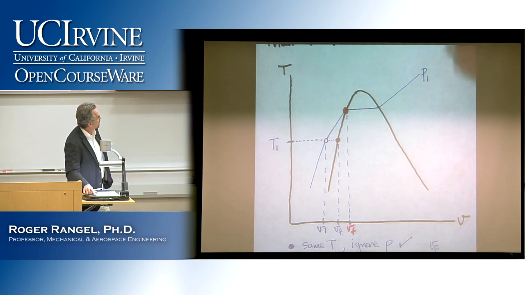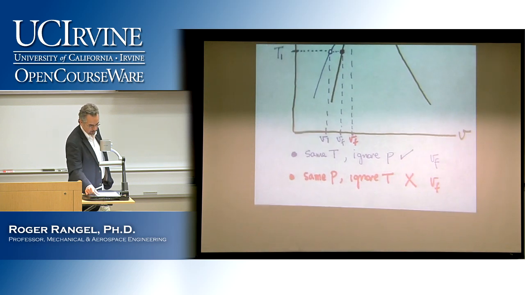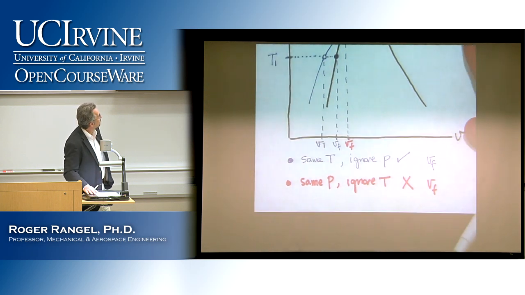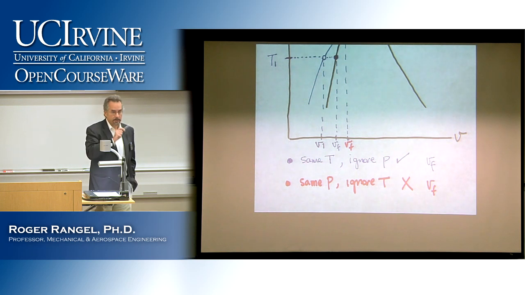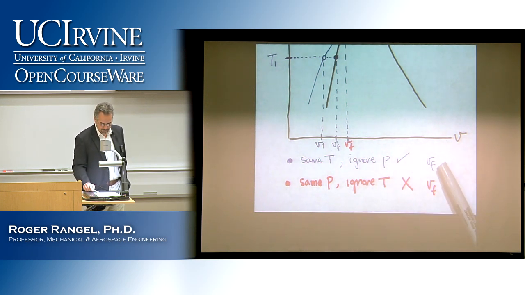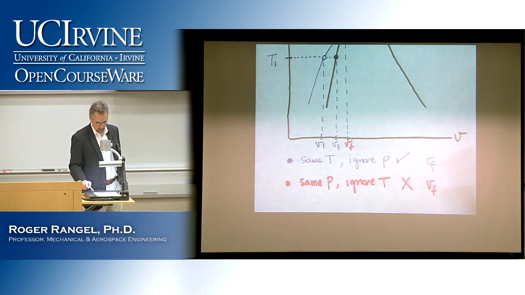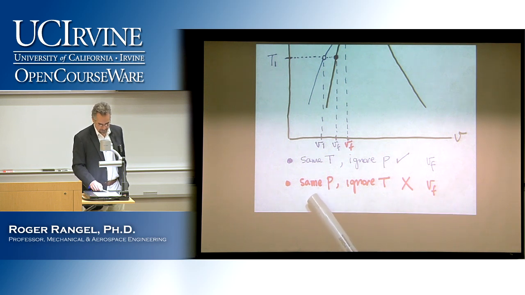So the bottom line is what you have to do, and the two cases are denoted here at the bottom. So in blue, use the same temperature, read the value of V sub F by ignoring the pressure value, or use the same pressure, read the value of V sub F by ignoring the temperature. But that's the wrong choice.